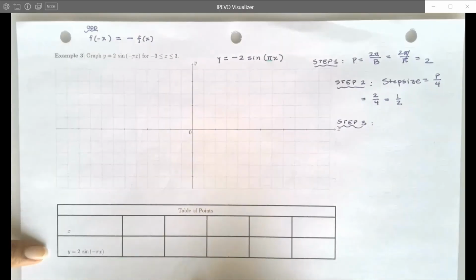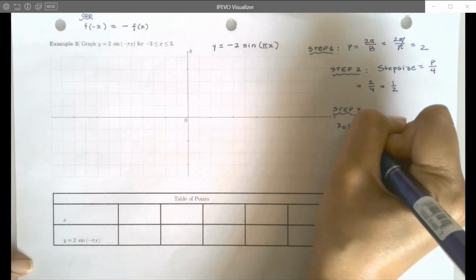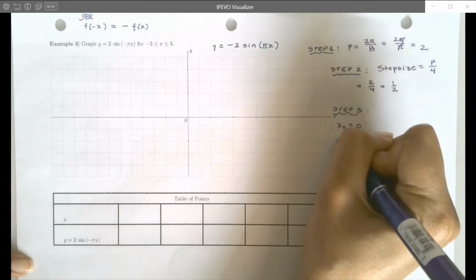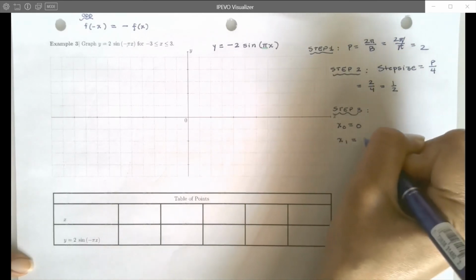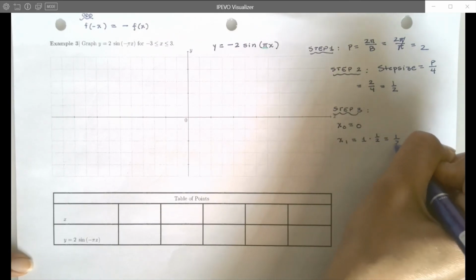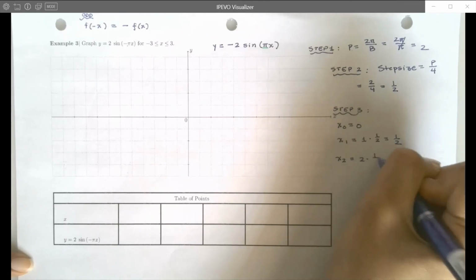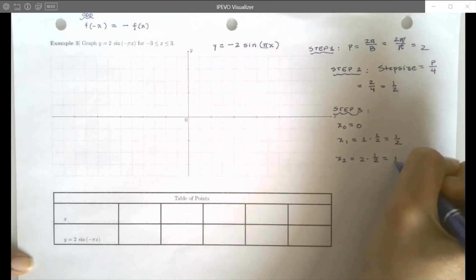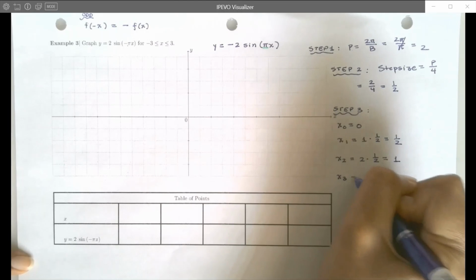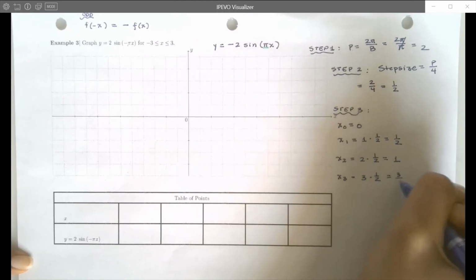Alright, so now we need to find the x values, starting with x0 being 0. The next x value will be given by 1 times the step size, so 1 times 1/2, which is just 1/2. Next x value will be 2 times 1/2, which is simply 1. Next x value will be 3 times 1/2, or 3/2.